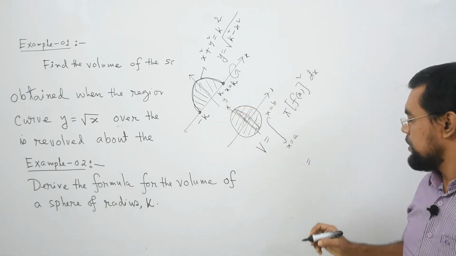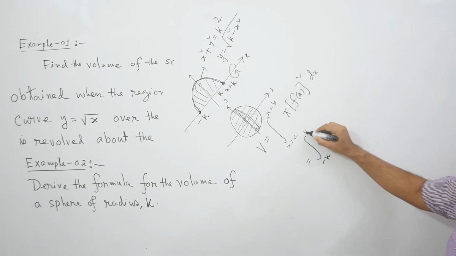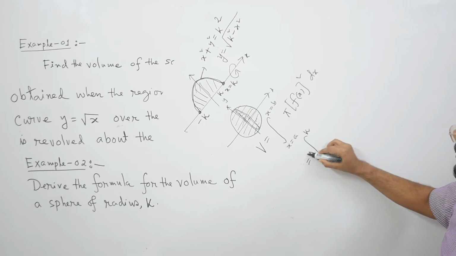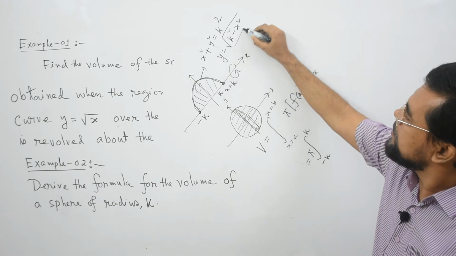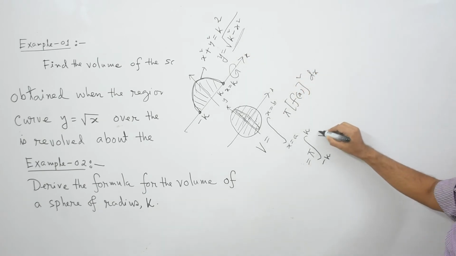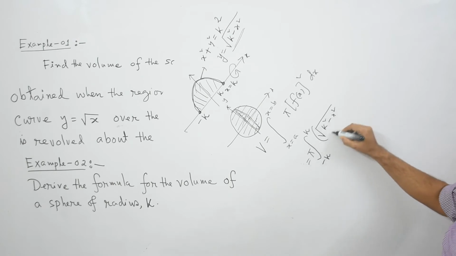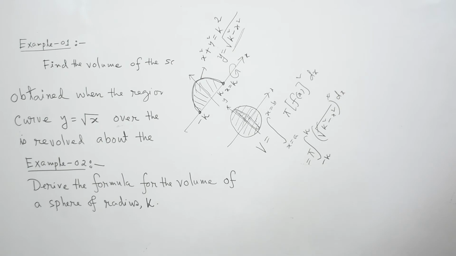So you need to integrate from minus k to k, and pi you can put outside of the integration sign. f(x) is nothing but this one, root of k square minus x square, whole square, dx. So this one and this one will cancel.